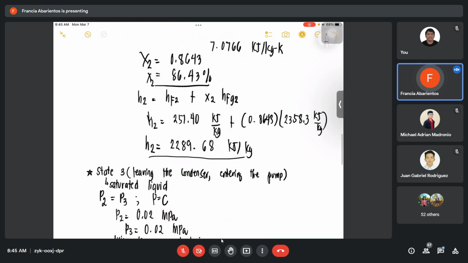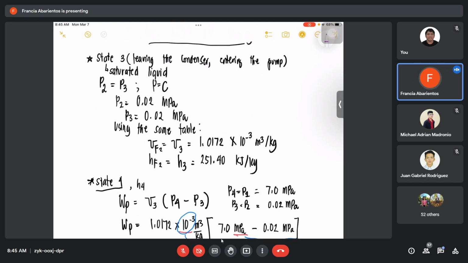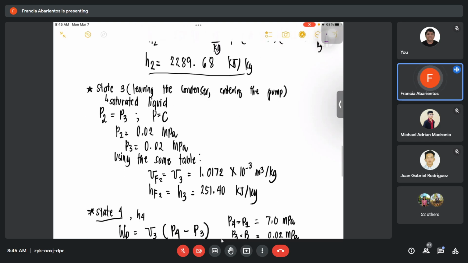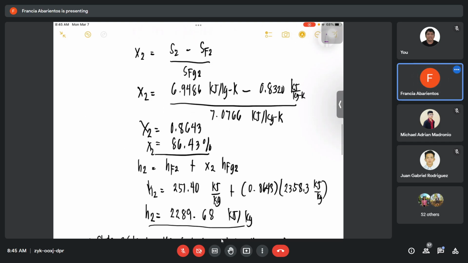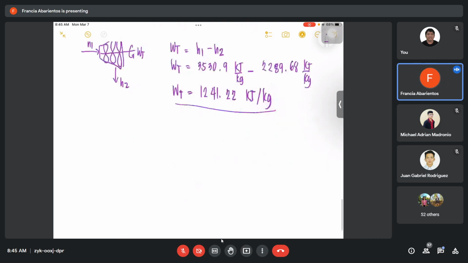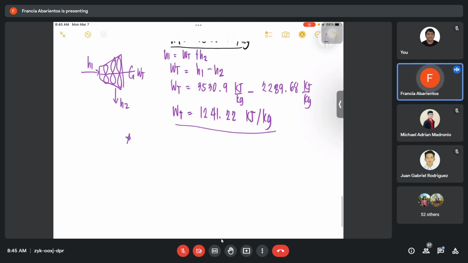We all know that we have now the work ng pump natin, nakuha na natin, class. Take note, yung pump natin, negative work po yung nagagawa niya, class.